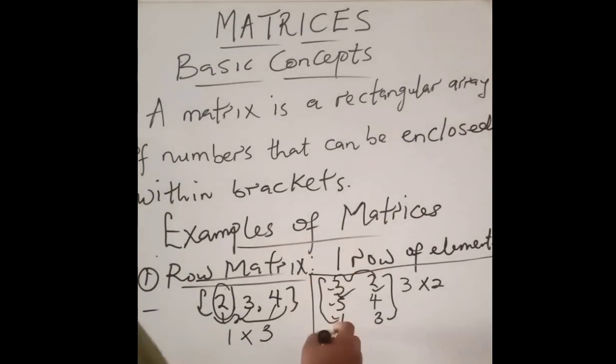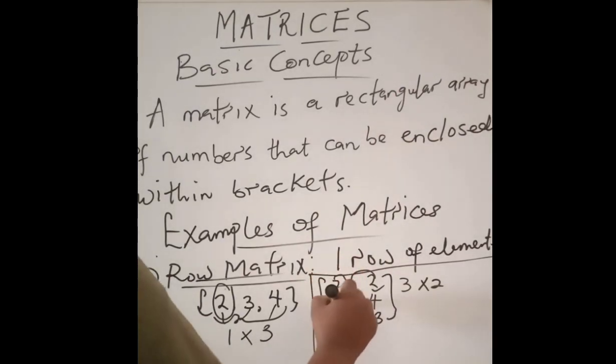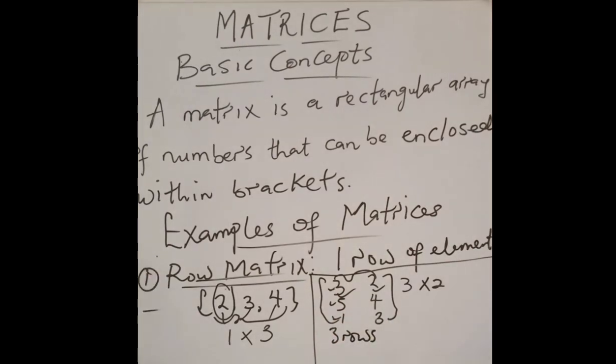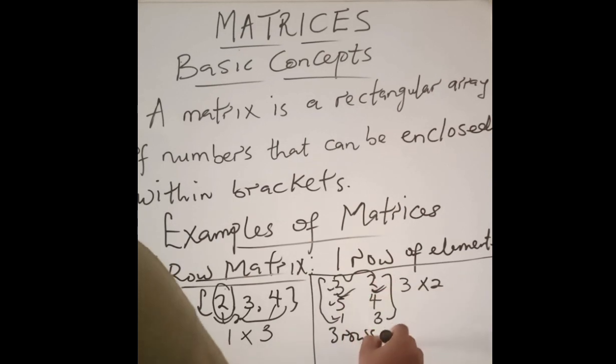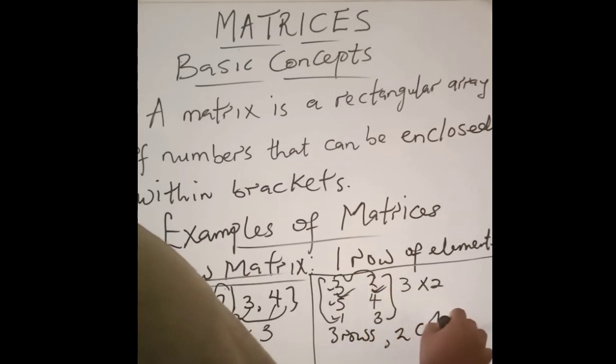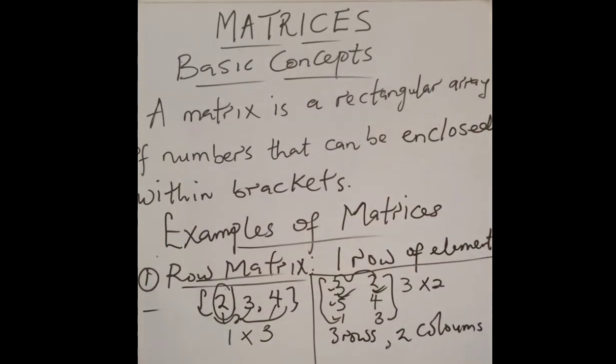In this case, we have 3 rows and 2 columns, so we have 3 by 2. Those are in columns: 3, 2, 5, 4, 1, 3.